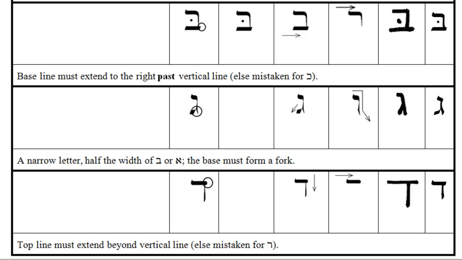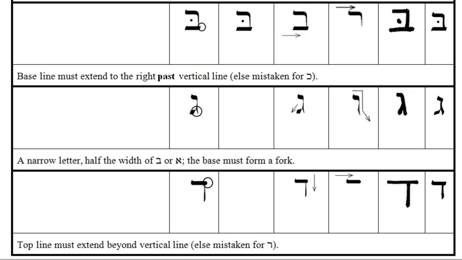The last completing stroke for the letter Gimel will produce a matching left angle leg for this letter, just as you see depicted. Once again, the Gimel must be narrower than the Beit letter, about half the width of it, and the base must form this fork.